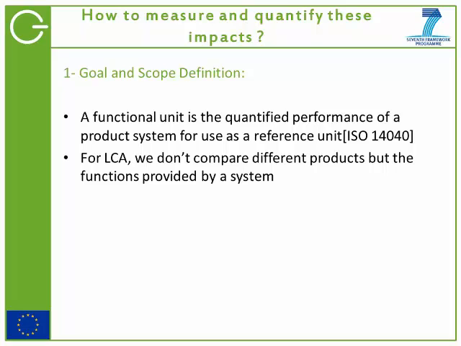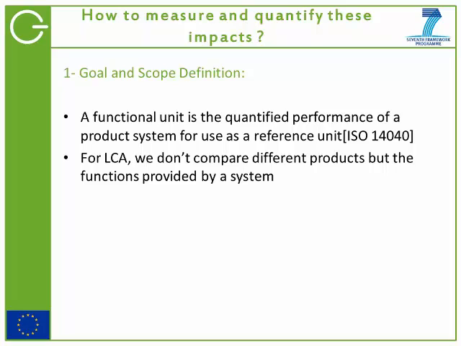The definition of the functional unit is key to the completion of an LCA. It frames the system under study and provides the ability to undertake valid comparison with alternative designs. It is a quantified performance of a product system for use as a reference unit. By doing this, we are not comparing the product but the capacity of different systems to provide a similar outcome to the user.